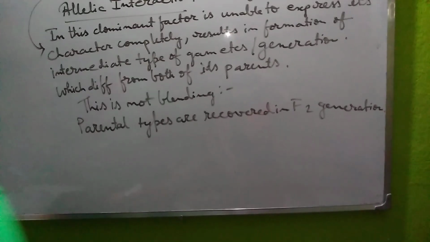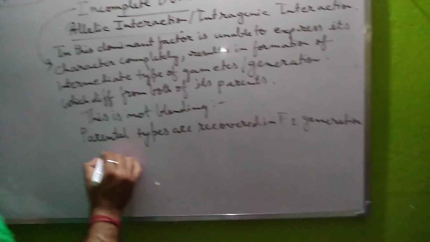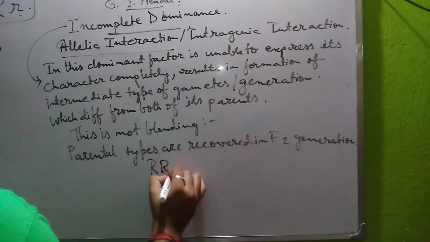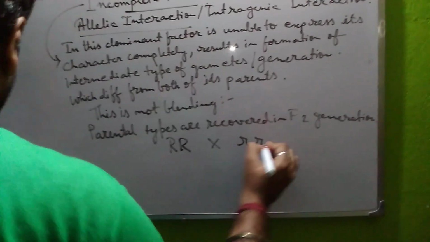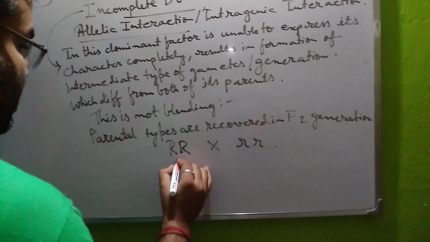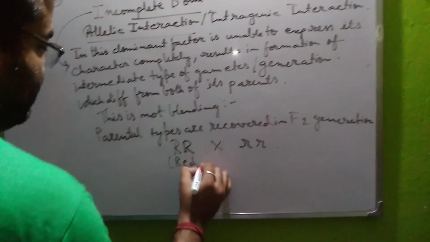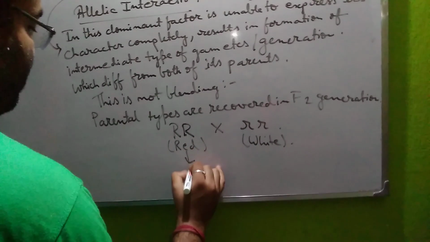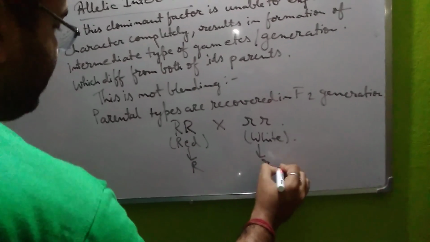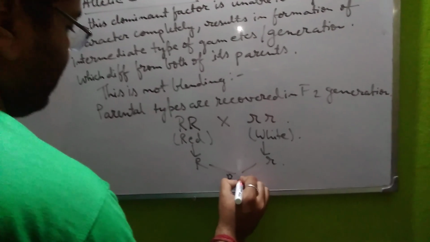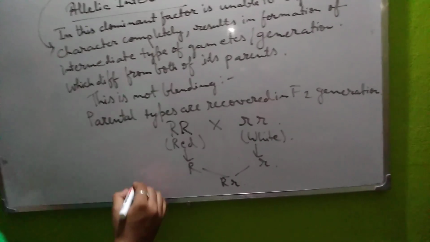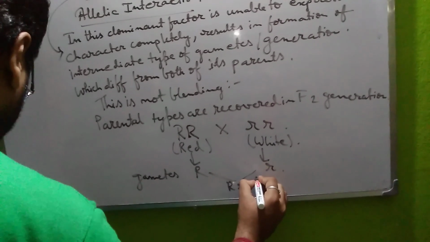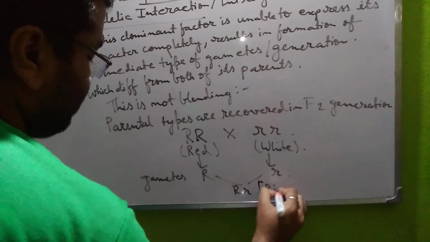Now let us take an example of Mirabilis jalapa, or 4 o'clock plant. I have taken capital R capital R and small r small r. This is red, this is white. Now from here one allele comes, from here one allele comes, and together they form capital R and small r. These are the gametes, and this is pink in color.